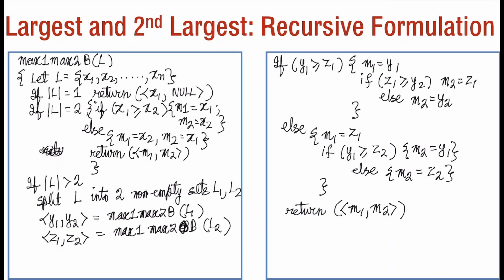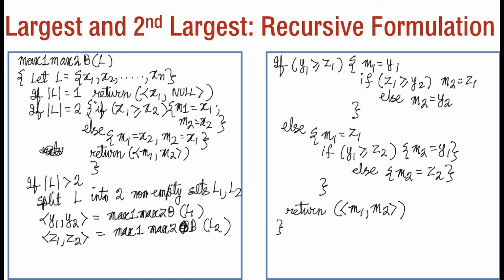This is almost identical to the way in which we solved our earlier problem of max and min, only the comparison after returning is different. And it is not difficult to see that this will again get optimized by the same mechanism by which we got the optimization of the max and min.